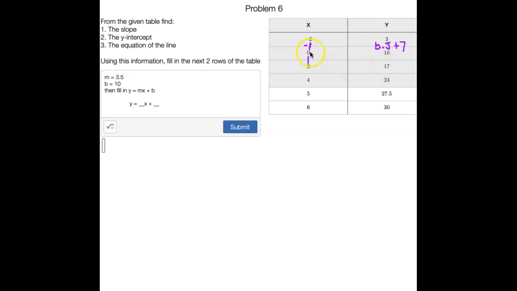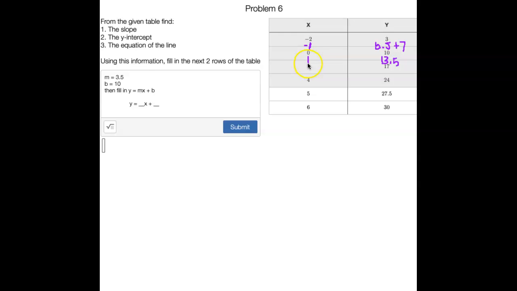When it goes from 0 to 2, it goes up by 7, which means it only would have gone up 3.5 if there were consecutive integers. So I'm just letting you know that the slope is 3.5, and I'm going to input a 13.5 here, because if there was a 1 in there, then 13.5 would be the output.